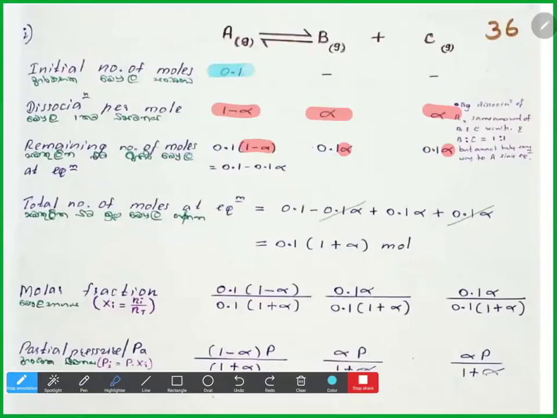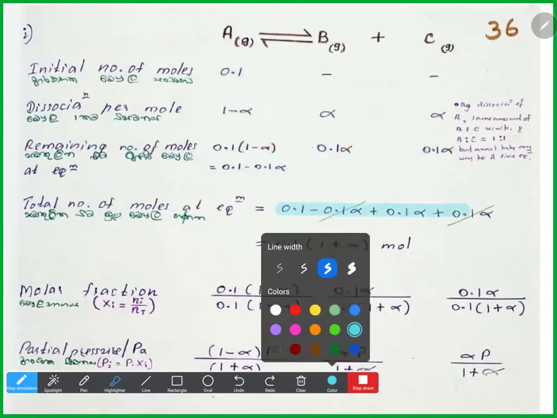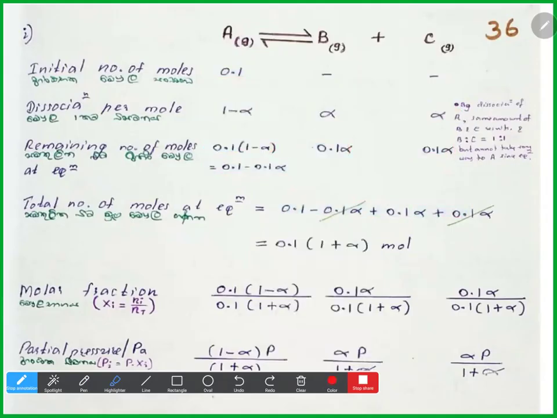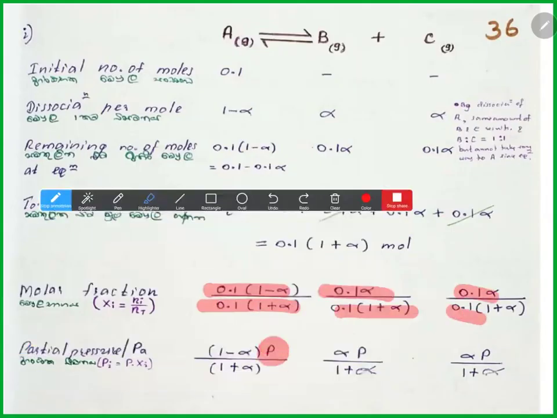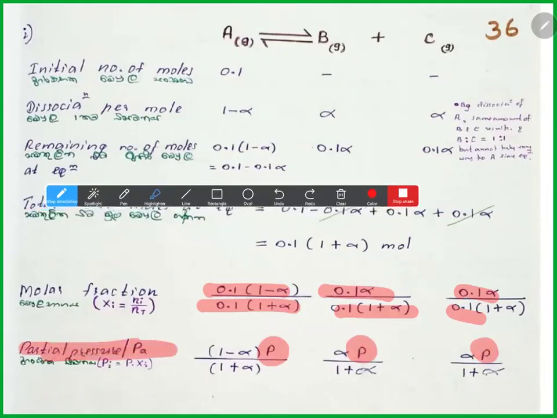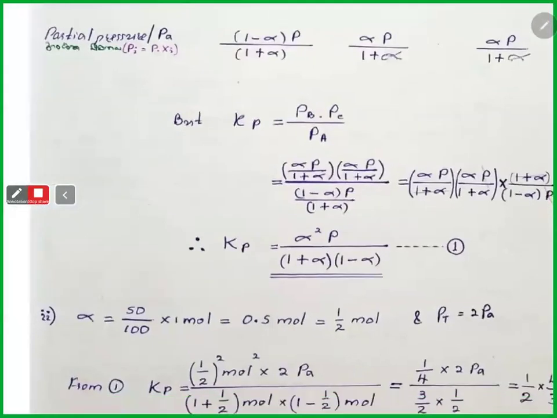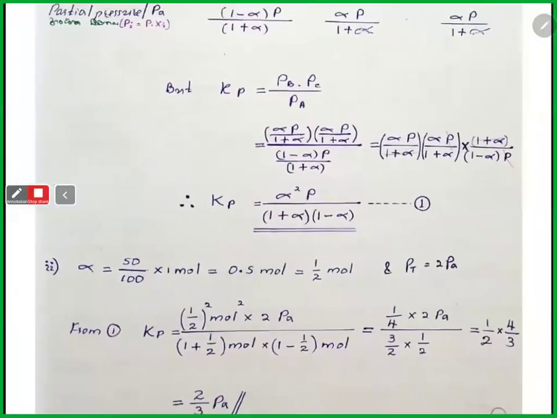But we have 0.1, so we multiply by 0.1. Understood? Then simplify and get the total number of moles. Then each mole amount divided by the total number of moles is the mole fraction. Multiply each by the total pressure to give the partial pressure. Now we have expressions. You just substitute, simplify, and get the answer. Understood?